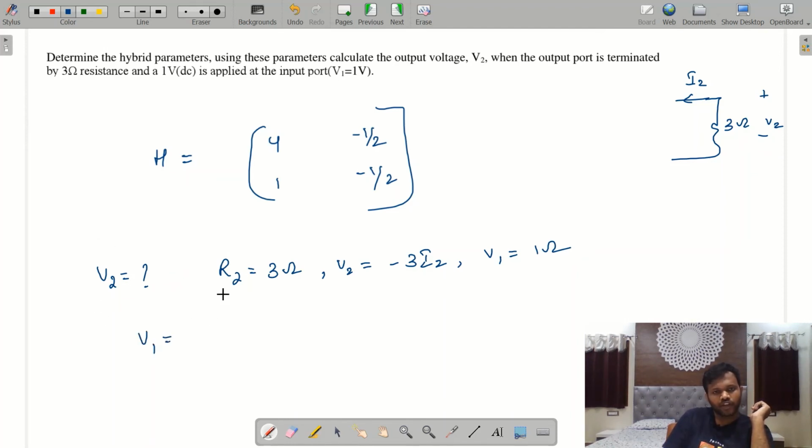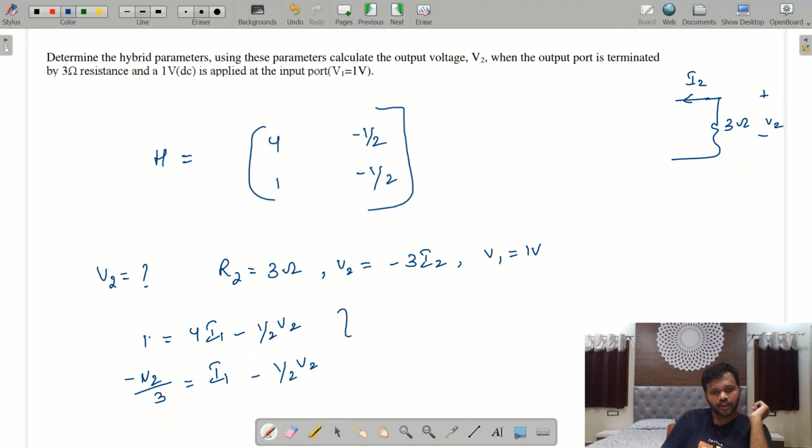So what we know, V1 equal to 4 into I1 minus half into V2, and the V1 value they have given is 1 volt. Similarly, the I2 value equals minus V2 divided by 3, which equals H21, that is 1 into I1, minus half into V2.